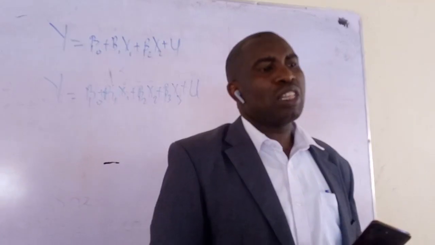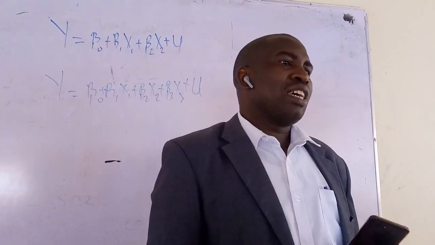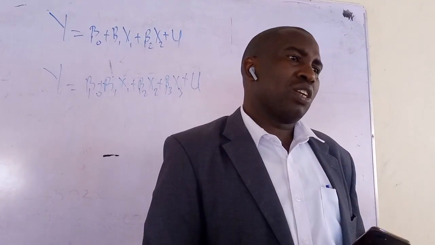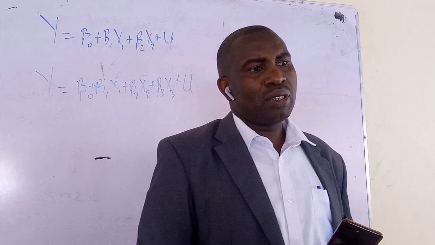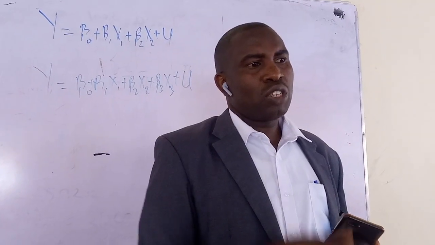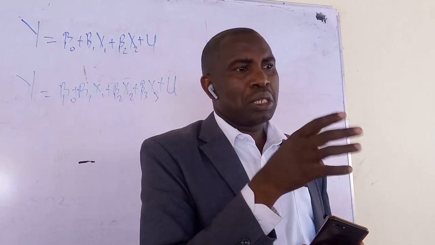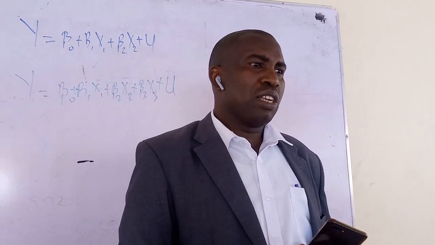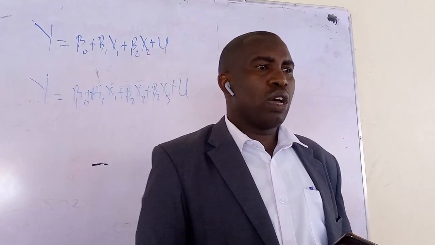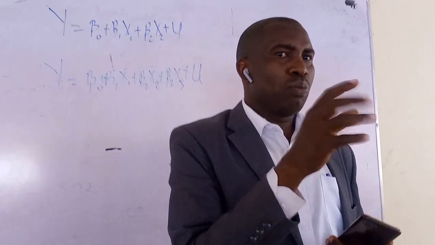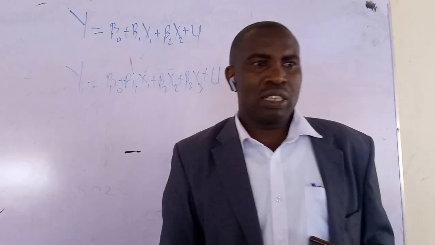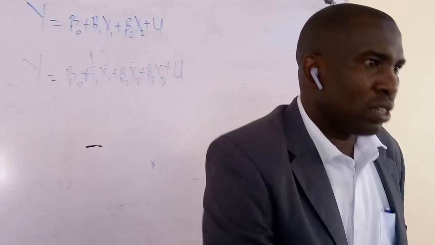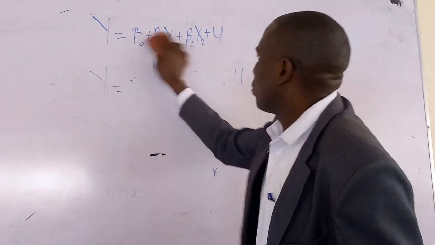Is there any formal test you can use to test for variable omission? This one will take us around 5 minutes just to delve into variable omission a little bit, because we saw that it has serious consequences. So let's see.